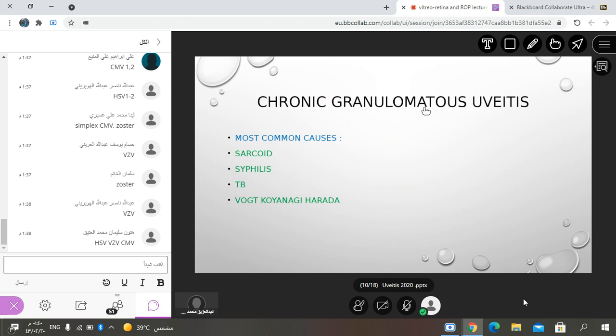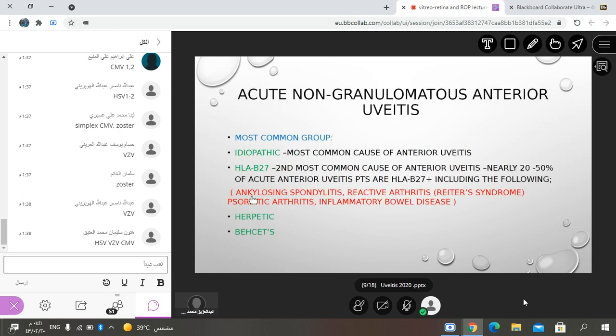And if we have granulomatous inflammation, we will go through these differential diagnoses only. So if granulomatous inflammation, we need to diagnose it. If non-granulomatous and acute inflammation, 40% it is what? It is idiopathic, and it's a self-limiting condition except for Behçet disease.